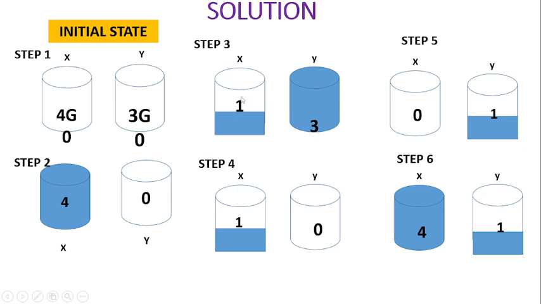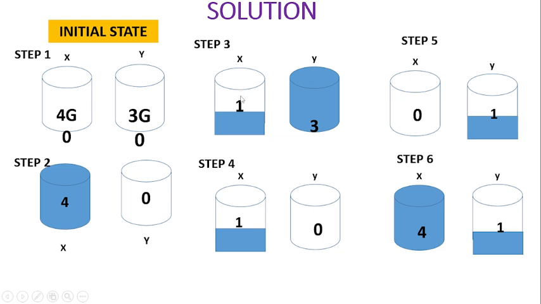Now step 3. Already in X I have 4 gallons of water. Now my operation is transferring the water from one jug to the other jug, that is, I am transferring the water from X to Y. We know very well Y contains 3 gallons only.